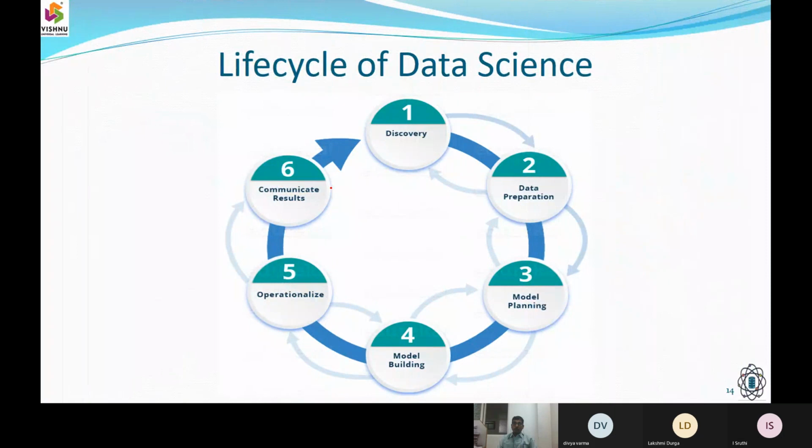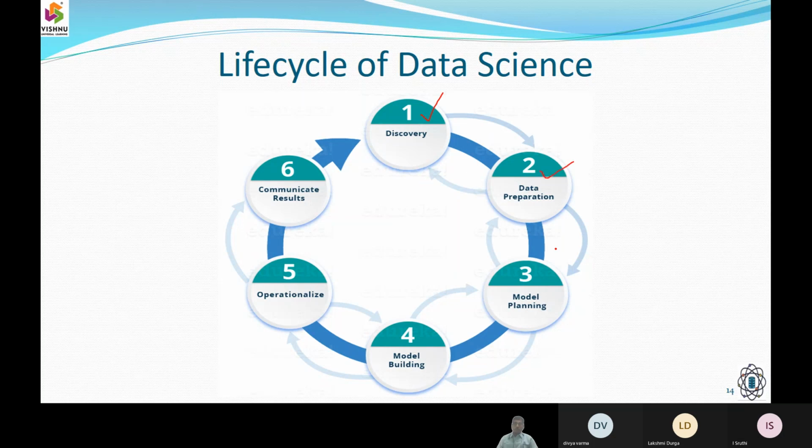Now coming to the pretty interesting part of data science, what we call the life cycle of data science. The life cycle moves up with, one, the first stage called discovery.